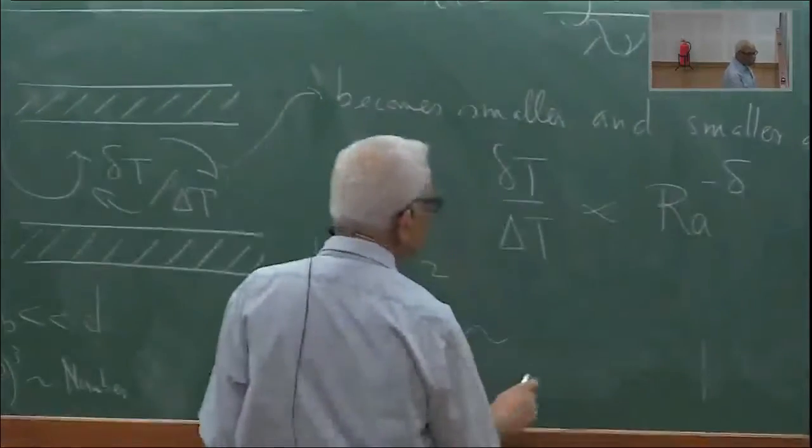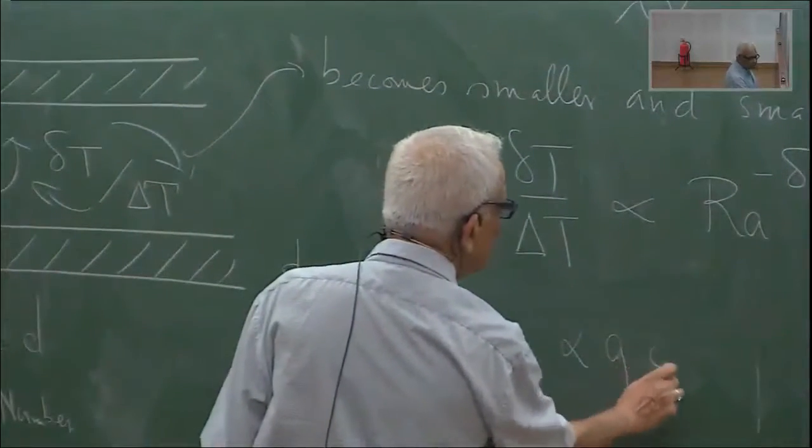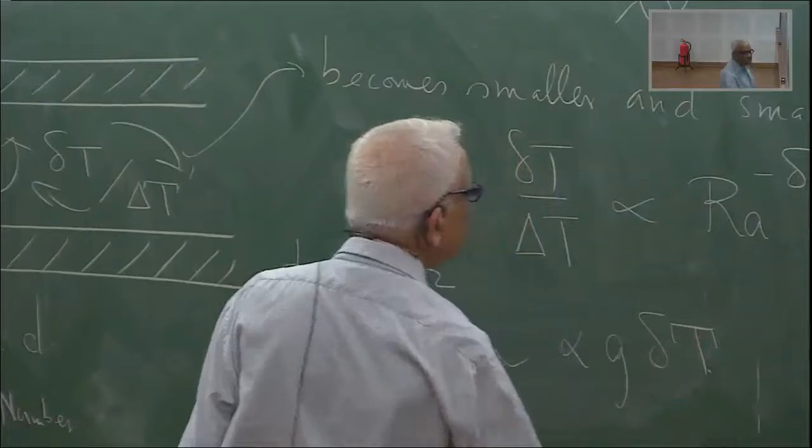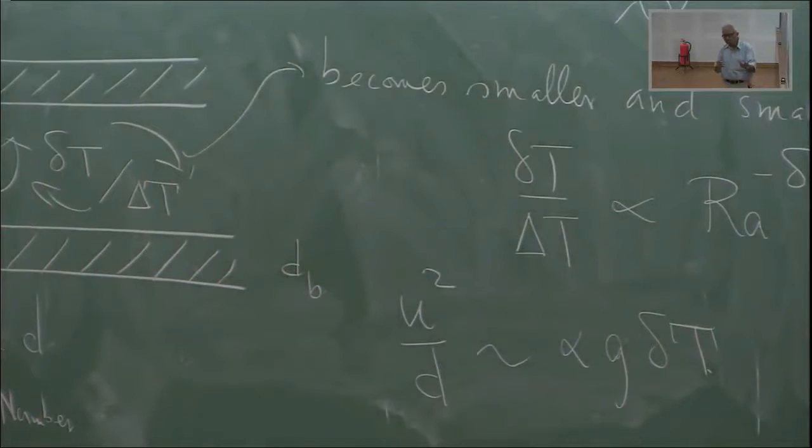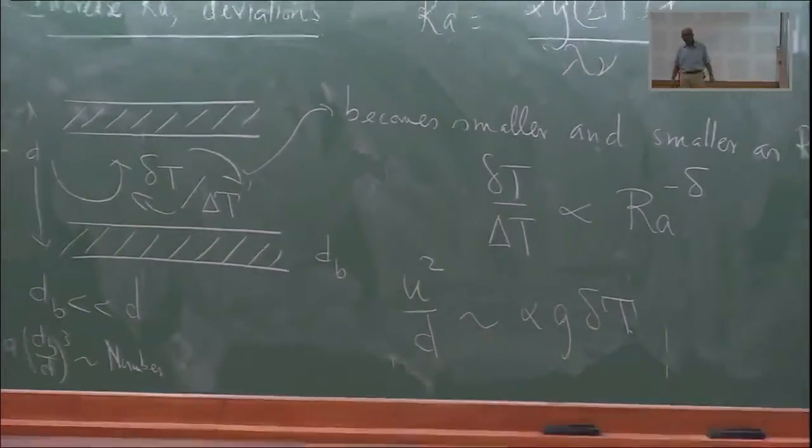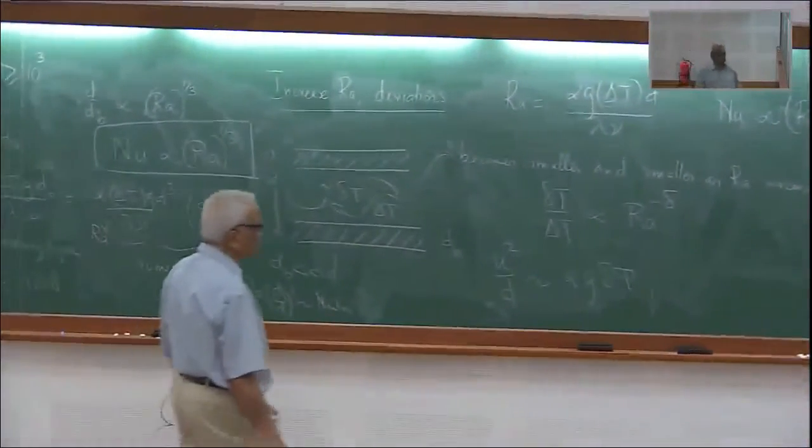And what is it to be balanced against? It is this alpha g delta t, the fluctuation in temperature in the center of the cell, giving rise to this buoyancy term, and it is the buoyancy balancing this term over here.